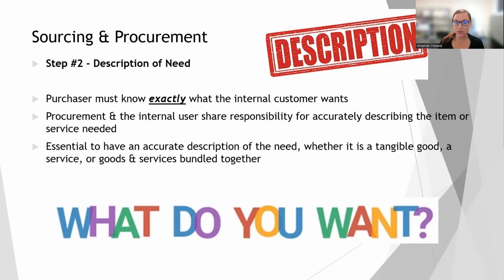It's essential to have an accurate description of the need, whether it's a tangible good, an intangible service, or some combination of goods and services bundled together. Sometimes creating a description of what we need to be able to communicate it to external suppliers is one of the most difficult tasks in procurement.